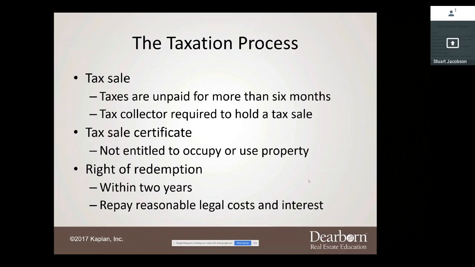A lot of people who have money in the bank like to hold tax liens because they usually are repaid with interest and legal costs. And they're usually paid within 2 years, so it's not like a long hold where you would have to sit there and wait for many, many moons.